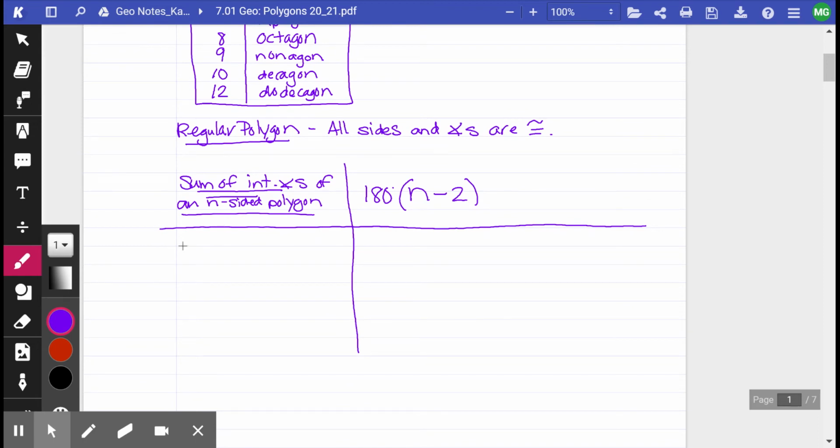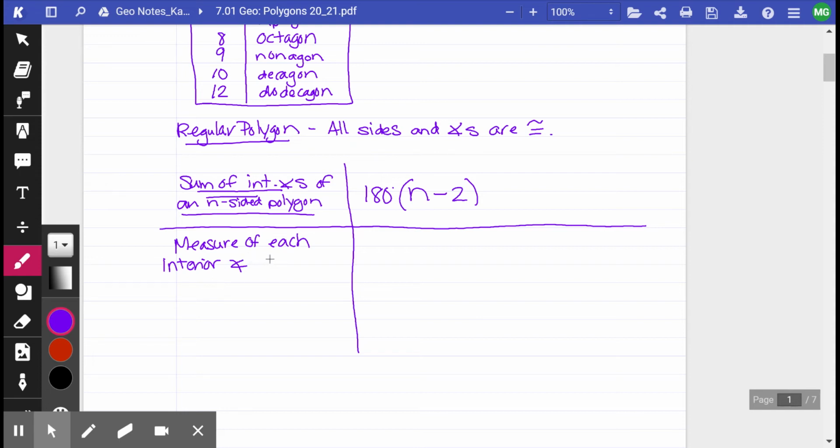Now, if you wanted to find the measure of each, so just a single interior angle, and this would only work if it was a regular polygon.